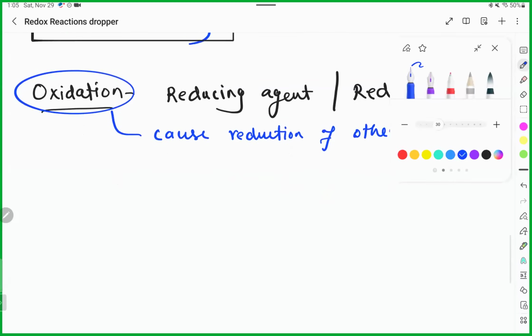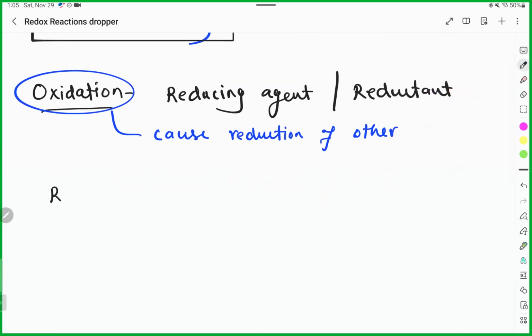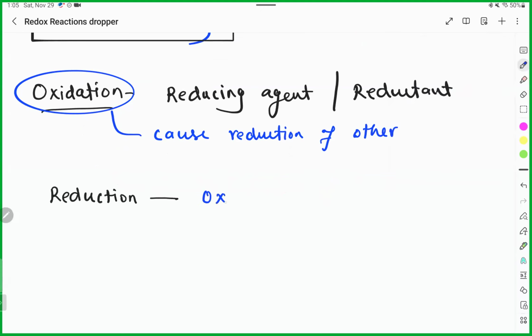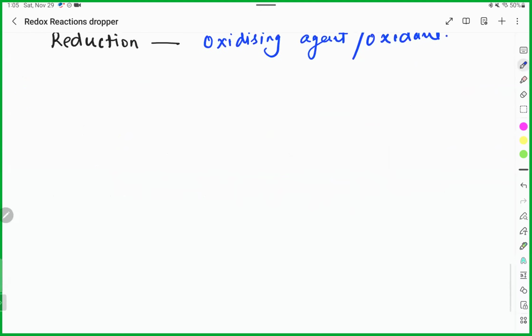If an element undergoes reduction, what will it do to others? It will oxidize them. So it is an oxidizing agent, or oxidant. And through this you can calculate the oxidation number of any element.